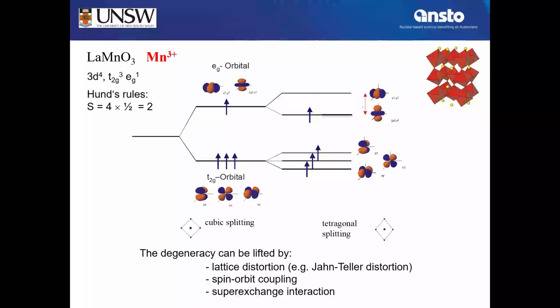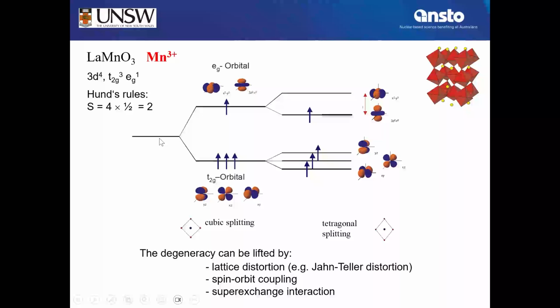We have in total 10 levels. Spin up, spin down, they are degenerate, and we end up with 5 levels. And for Mn3+ ions, we have 4 electrons available. And now we have to fill them up in the so-called high spin state.